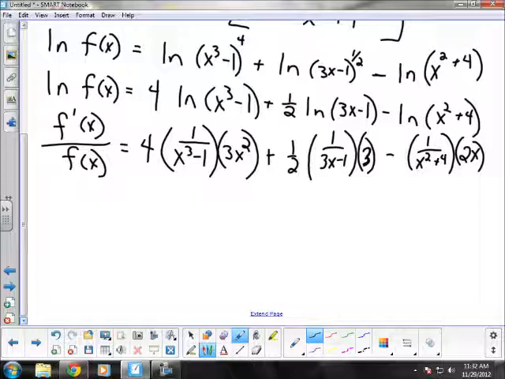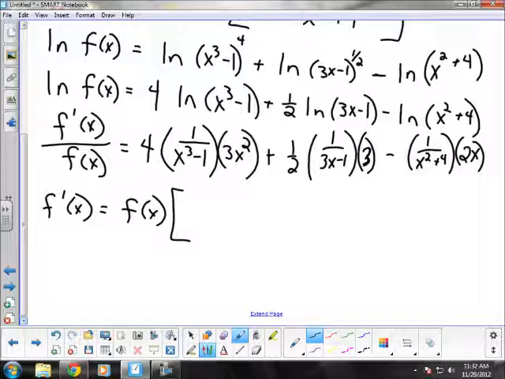So if I simplify this and I solve it for f prime, the derivative, I get f of x times, so I've got the 4 times the 3x squared, and that goes in the numerator. So, am I still going to have my 4 in there? Okay, so 4.